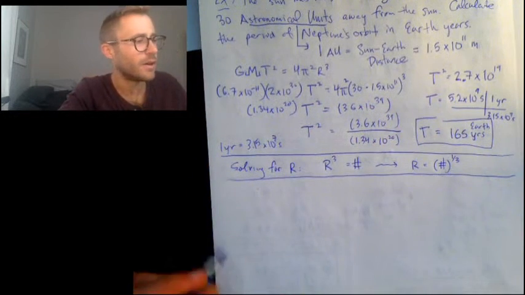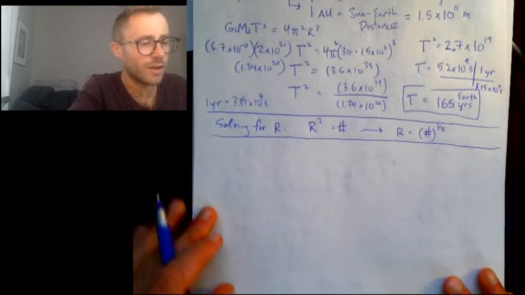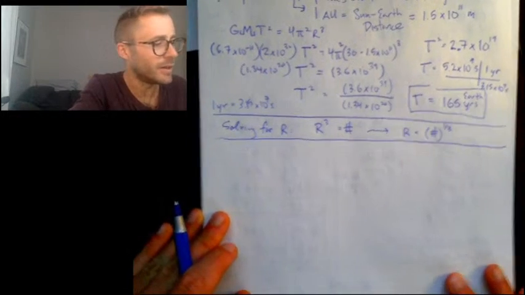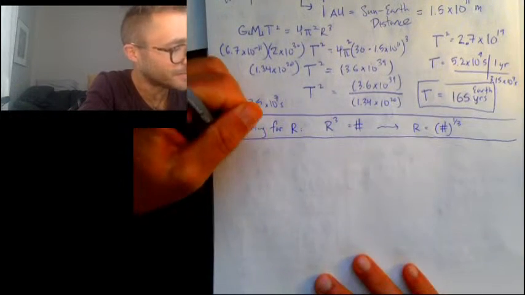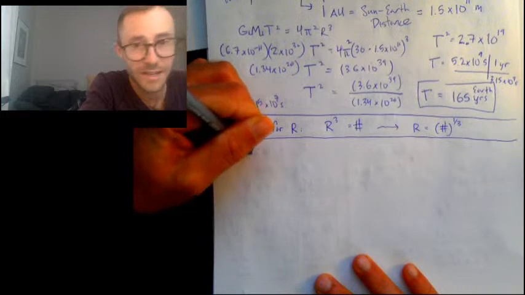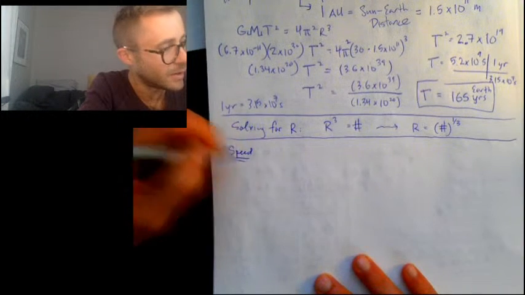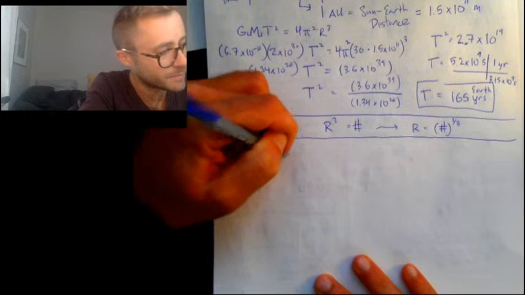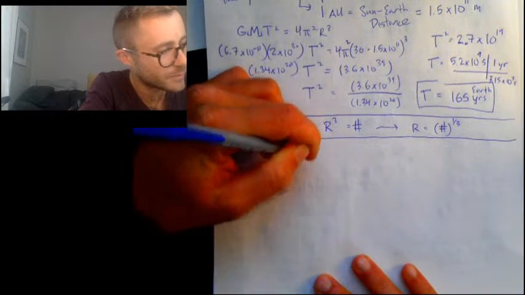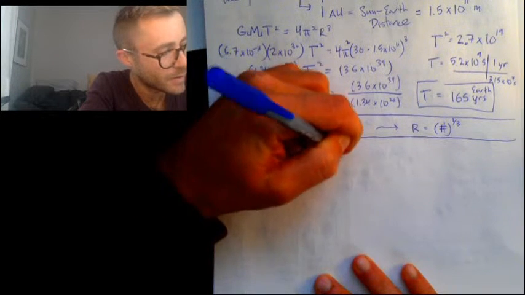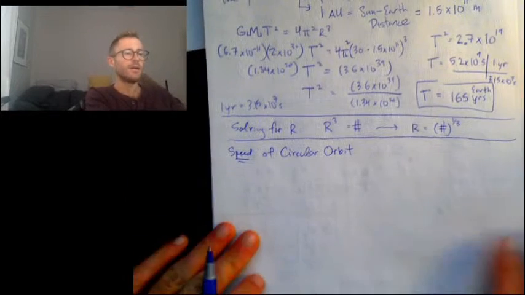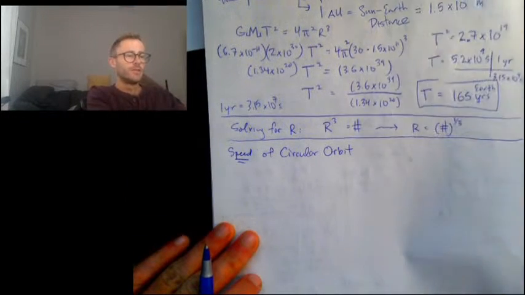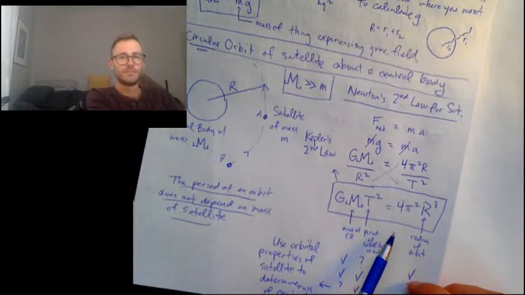All right. So let's talk about the speed of a circular orbit. So Kepler's law allows us to calculate the period, but not the speed. So let's calculate the speed.